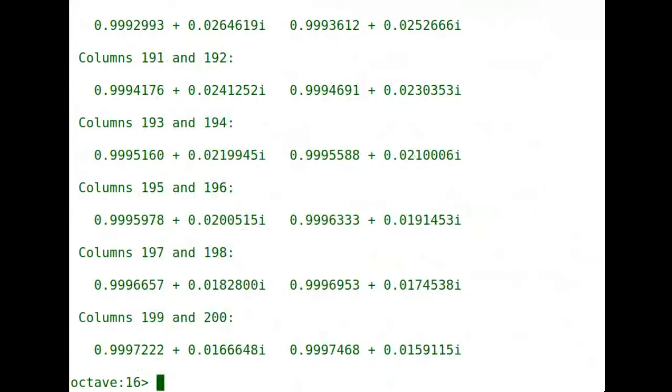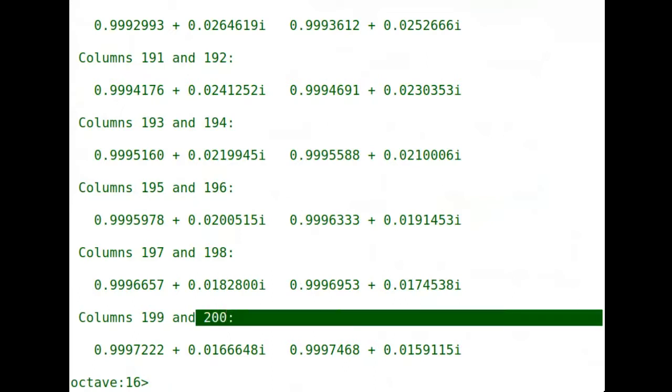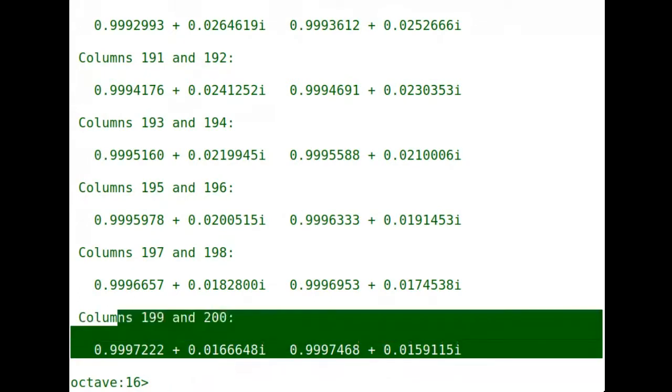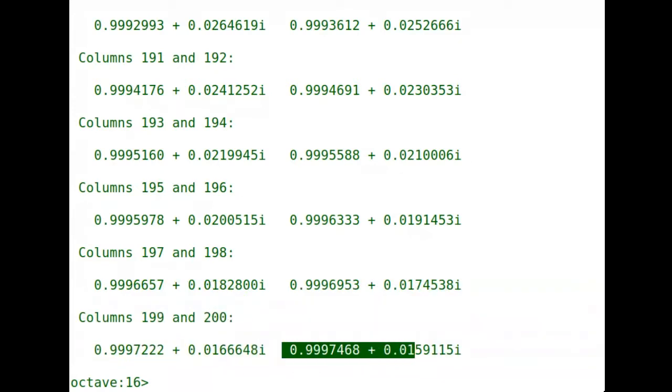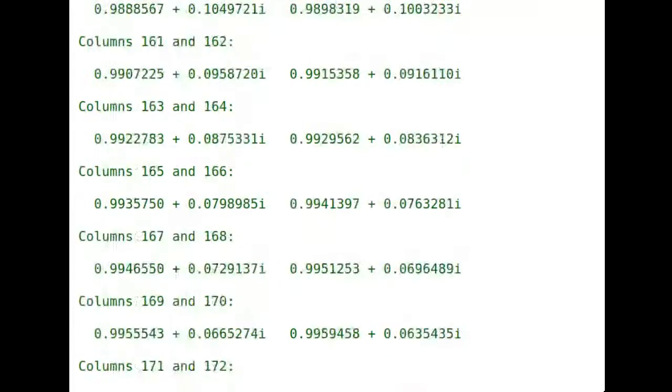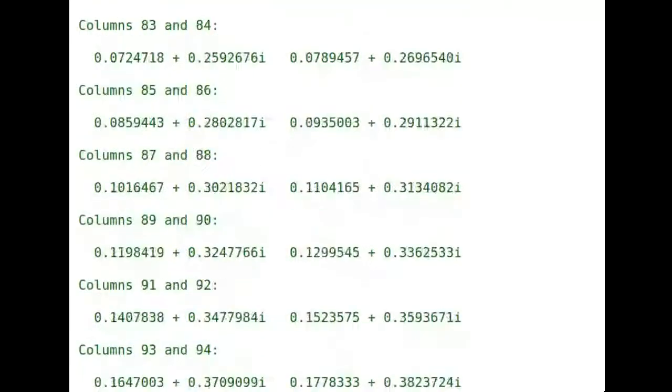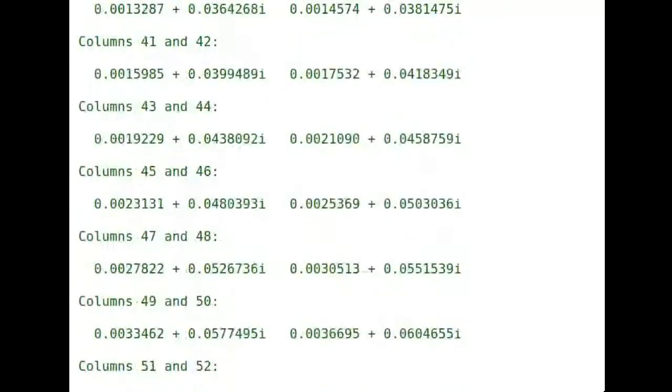Now you see that I've got 200 values. These are all basically voltages out, because remember, voltage in was 1. So I've got 200 possibilities.